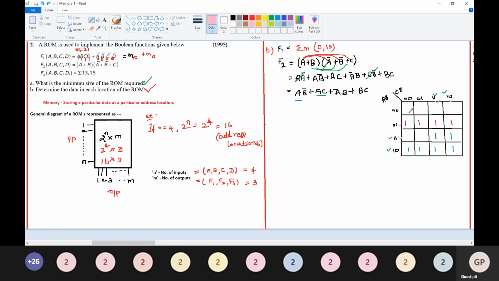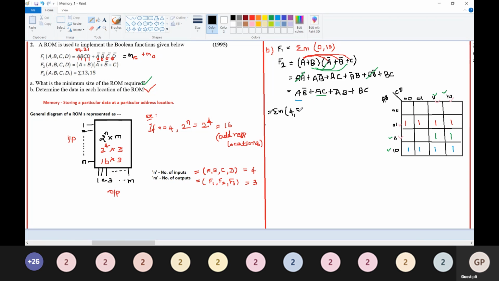So now you can write the minterm values. This is 0, 1, 2, 3, and this is 4, 5, 6, 7.